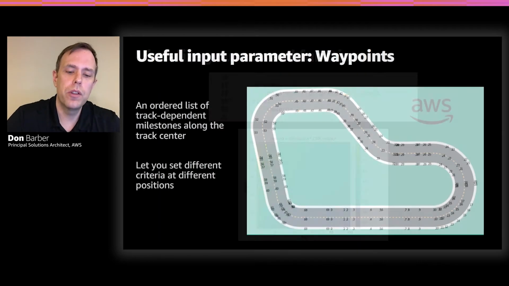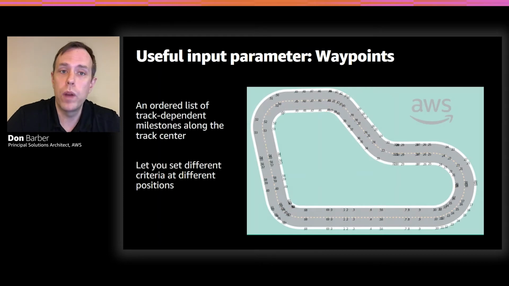So another useful input parameter is waypoints. Oftentimes developers dismiss waypoints, but it can be a super powerful way to change what your reward function is rewarding, depending on the region of the track that the vehicle's in at that time. So for example, if you look at this track, the reInvent 2018 track, we actually want different behavior at different regions of the track.